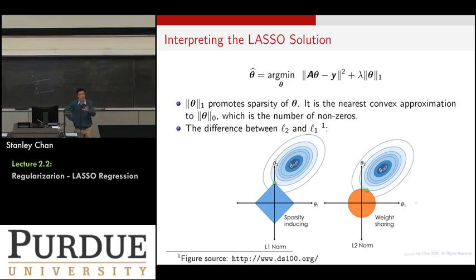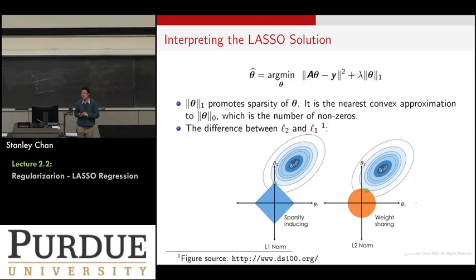And now if you have an objective function which tries to make it as low as possible, then what you're trying to do is find a solution where the two shapes intersect. And when they intersect, you have a solution that can be anywhere on this plane.